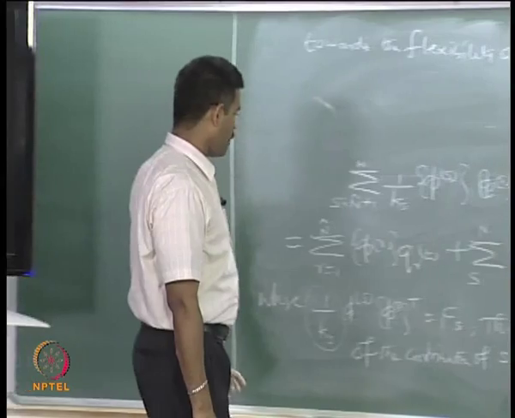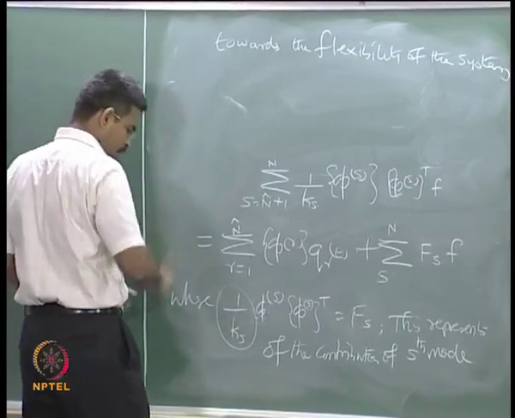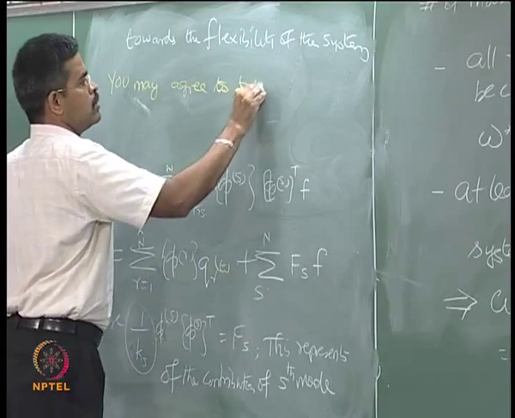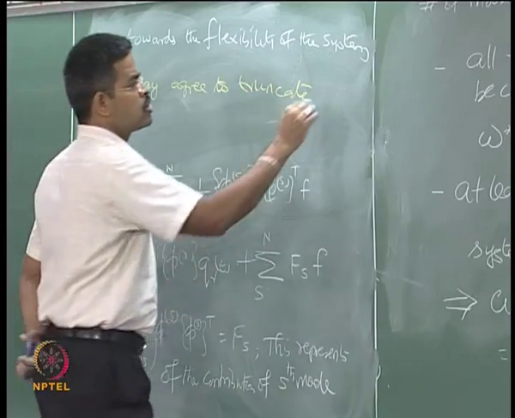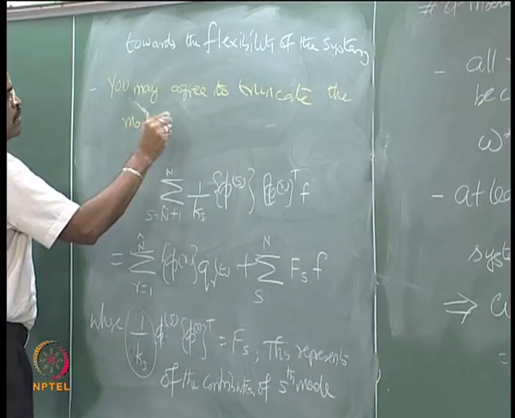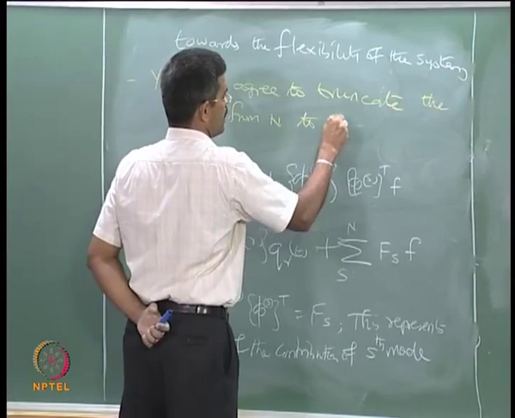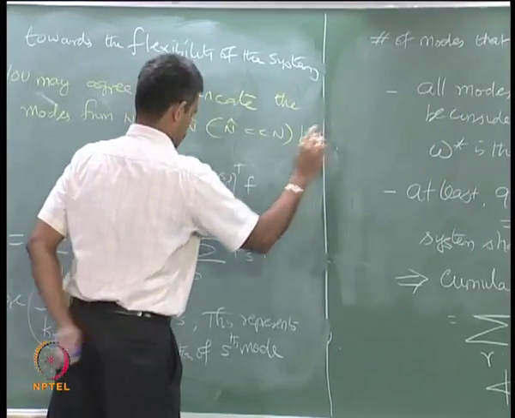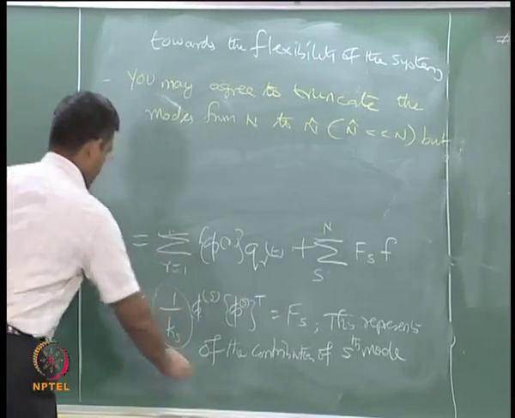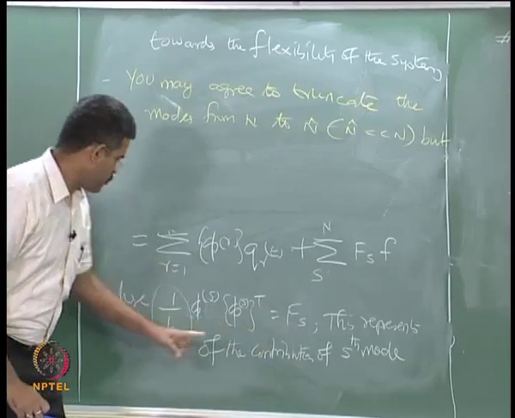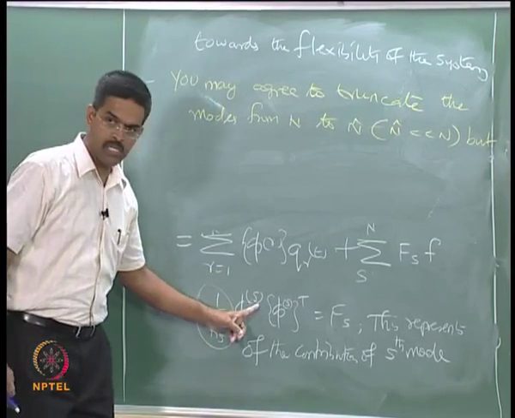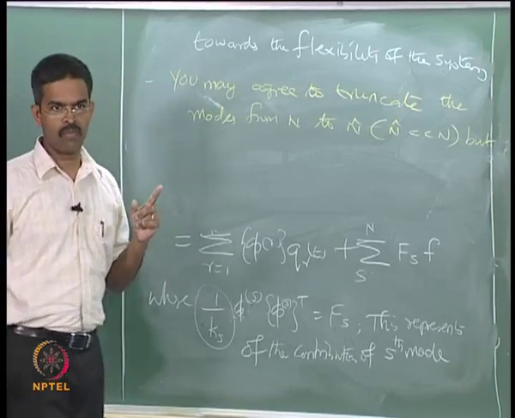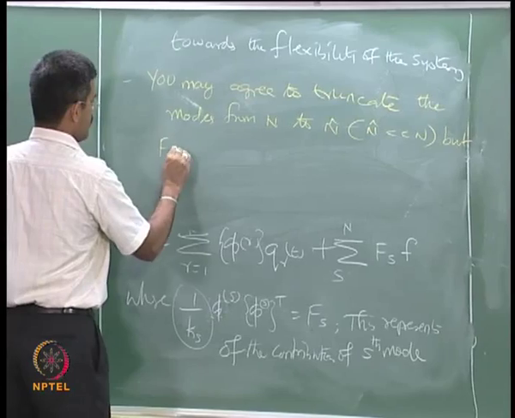Okay. Now there is a small problem here. The issue is, you may agree to truncate the modes from n to n hat, where n hat is much lower than n, but to evaluate f of s you require the full mode shape, because f of s wants the mode shape from S, which is nothing but n hat plus 1 to n, is it not?